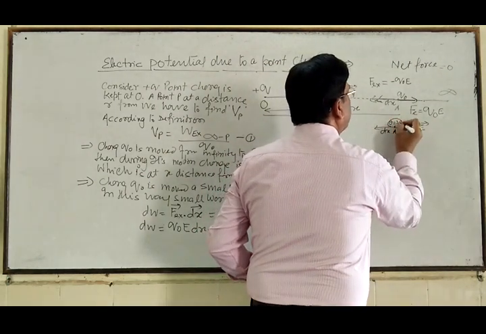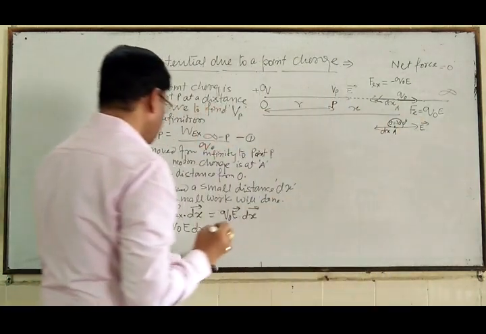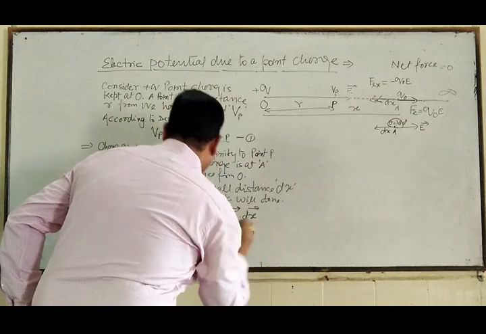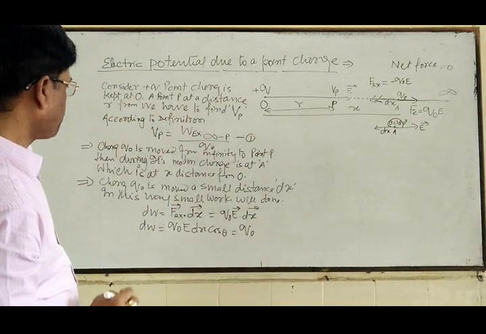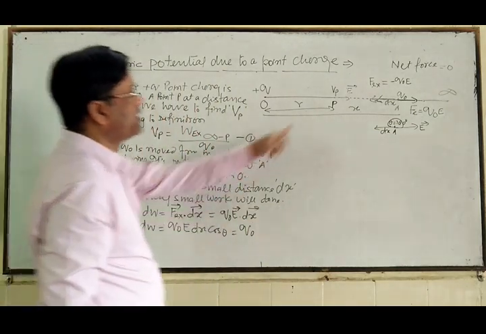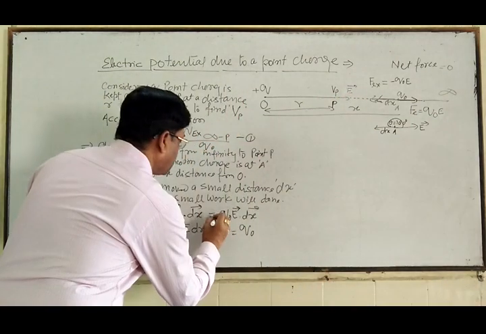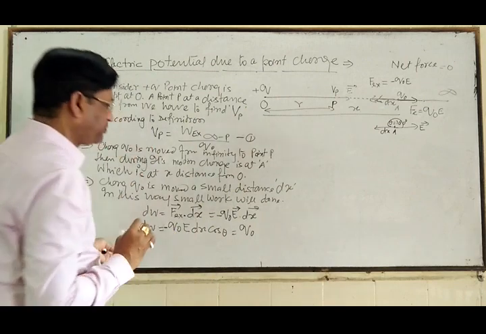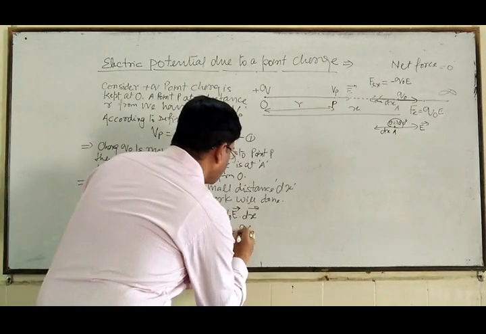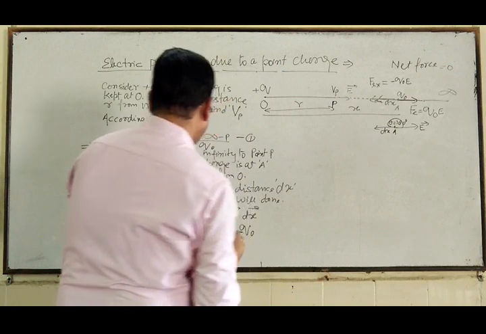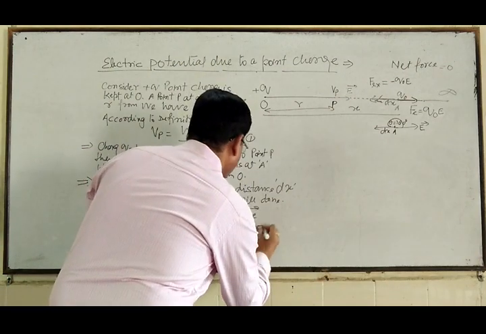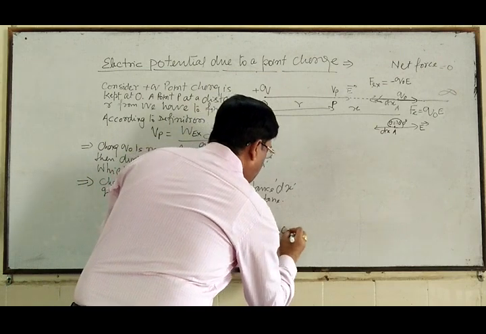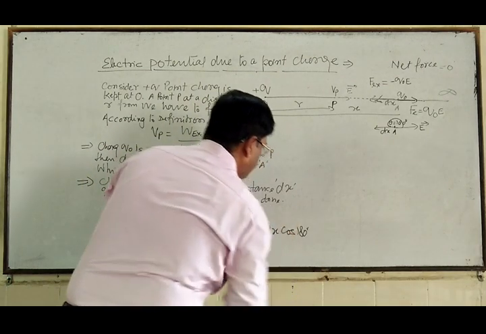Theta equal to 180 degree. Then it is Q naught. This Q naught is here due to external force minus Q1. Then it is minus Q naught E dx cos 180 degree.